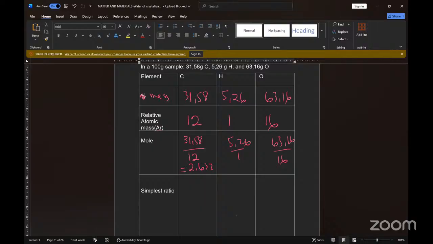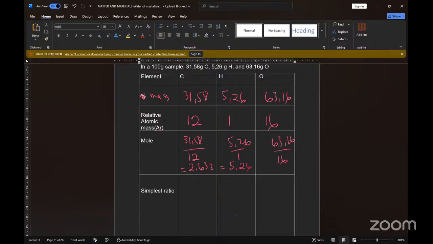And this one gives 2,632. Okay, the actual value is 2,6316667. So I just simplified like that. I said, for purposes of accuracy, always write it as close as possible to 3 decimal places. It will be safer. Then with respect to this, obviously anything divided by 1 is that thing.